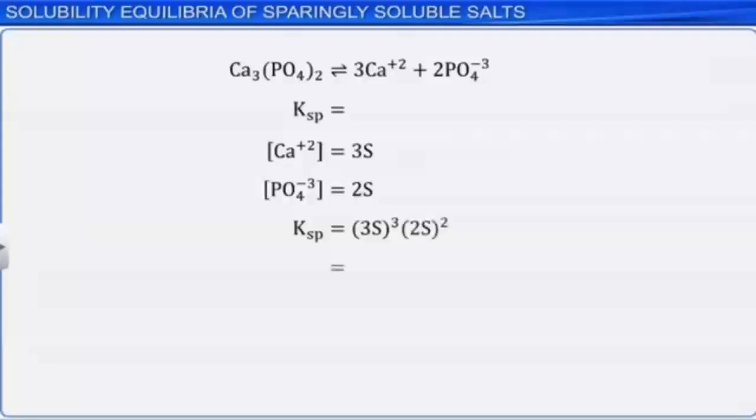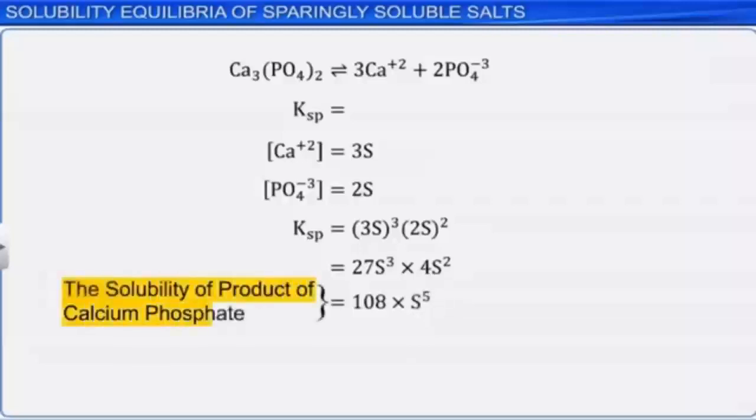This is equal to 27S³ multiplied by 4S². The product of this is equal to 108 multiplied by S⁵. Thus, the solubility product of calcium phosphate is equal to 108 multiplied by S⁵.